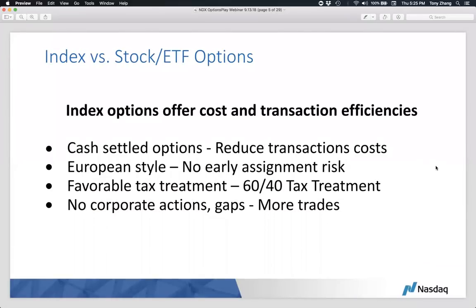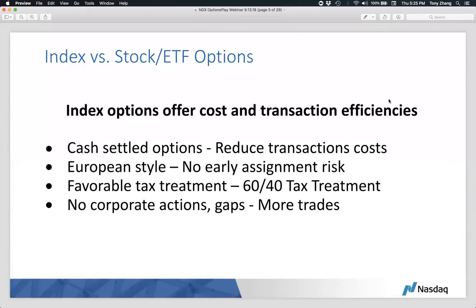The fact that it's cash settled, European style, and the favorable tax treatment really is a huge benefit for users that are selling credit spreads. So if you're doing this on the Qs, or on stocks, take a look at index options. Even if you don't trade them all the time, it's an interesting product to look at because it provides additional efficiencies in terms of costs and transactions.